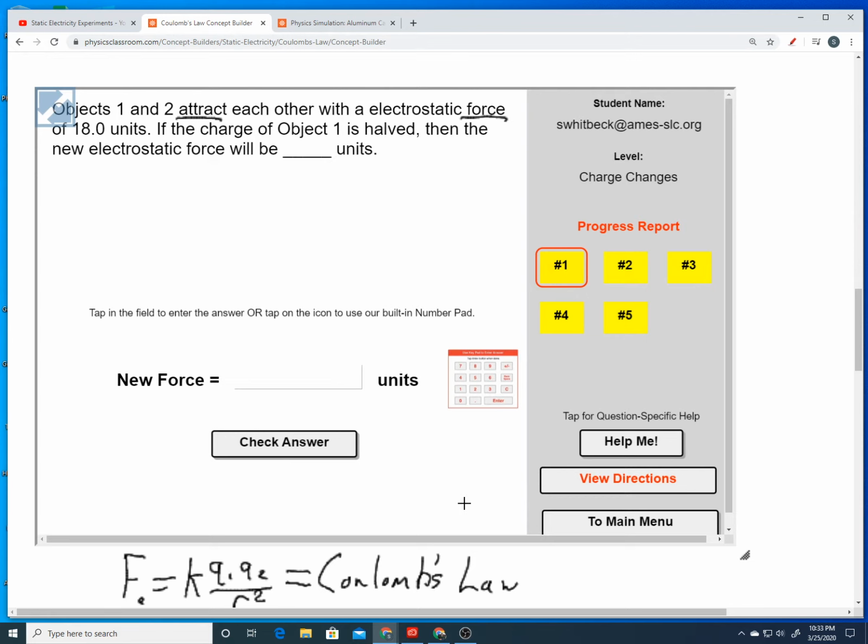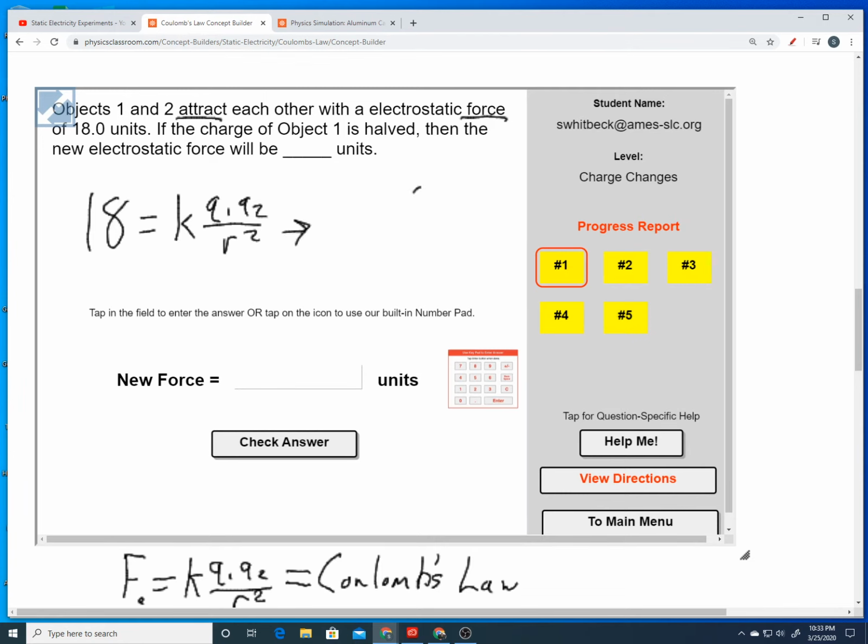And then we're asked, if the charge of object 1 is halved, what will the new electrostatic force be? So if we think about this, we know that our force is going to be 18. I'm not going to bother plugging numbers in here, but we know that in our original problem, our force was 18.